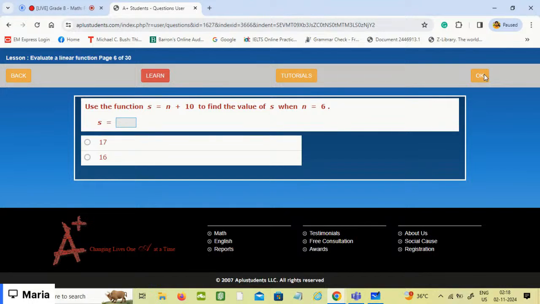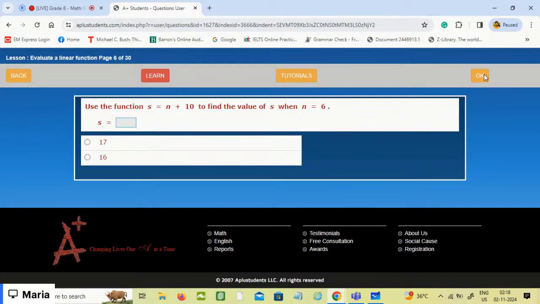Use the function s equals n plus 10 to find the value of s when n equals 6. Replace the n with 6, right?